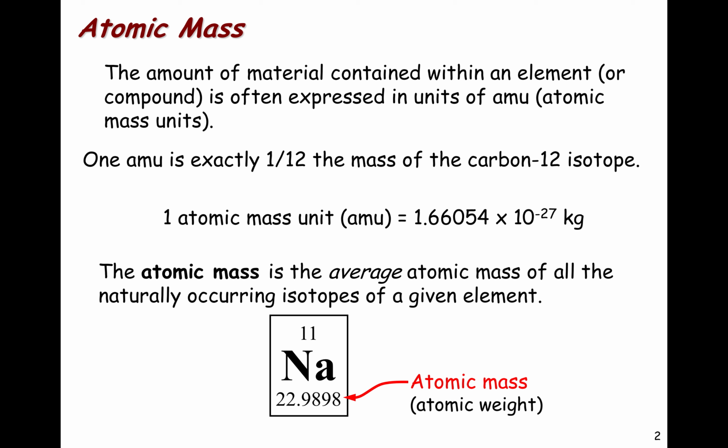The atomic mass, which is the number of AMUs for an individual sodium atom, is 22.9898. This also happens to be the atomic weight, which is the number of grams that would be for 1 mole of that particular substance.